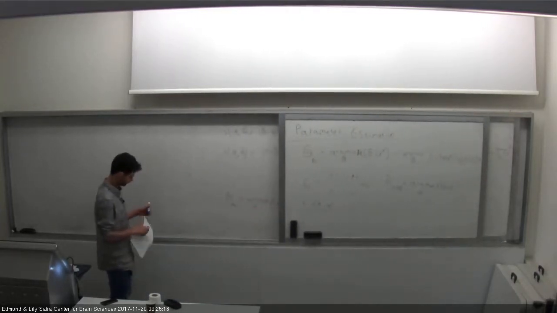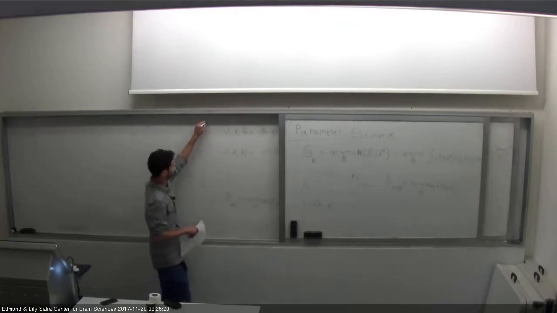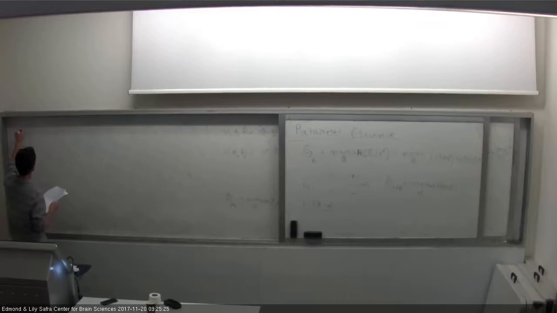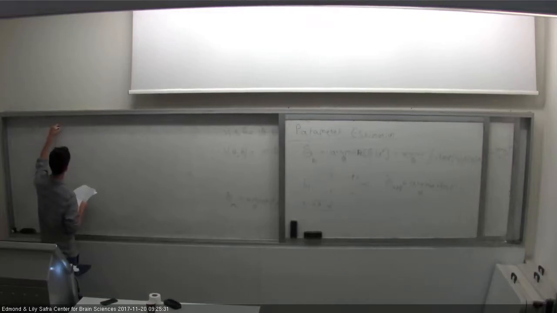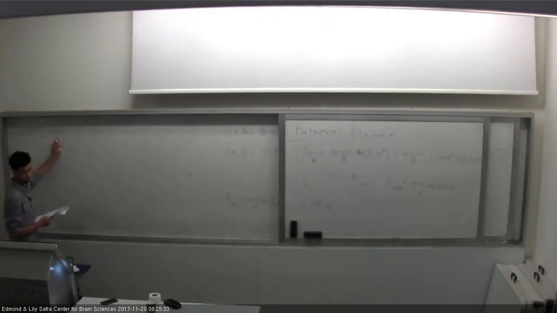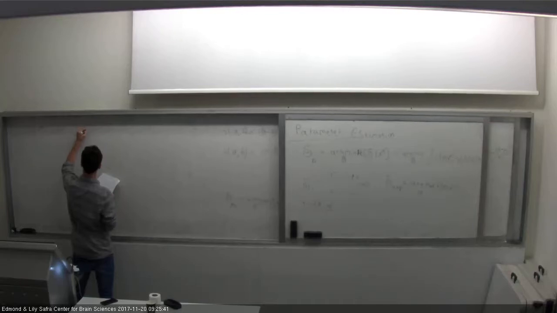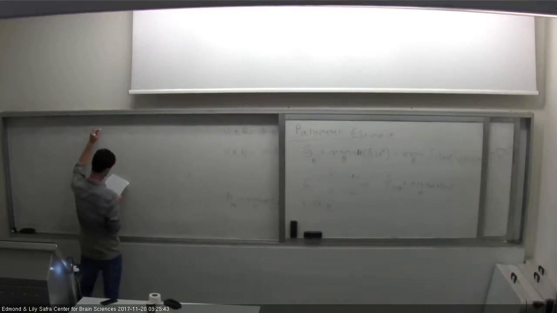So, as we saw, the posterior is a random variable, a Gaussian random variable with this mean and this variance.